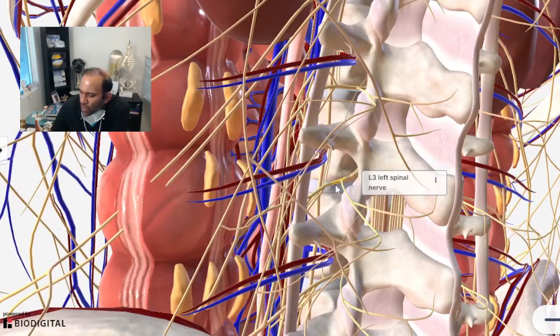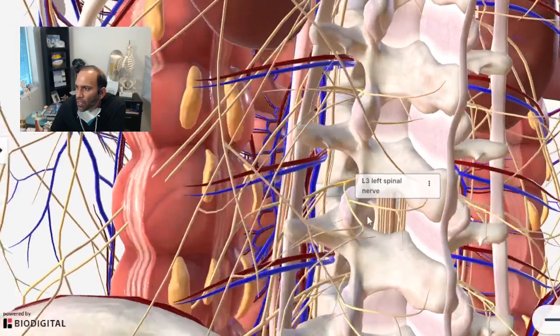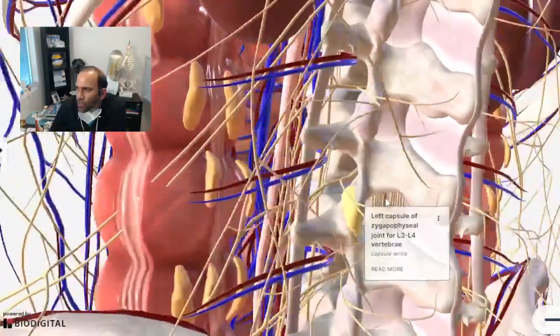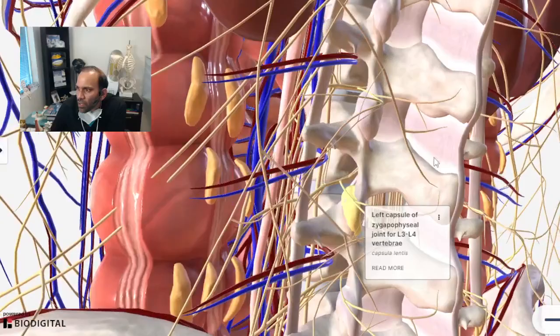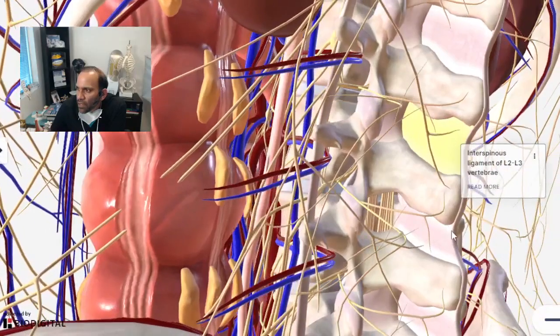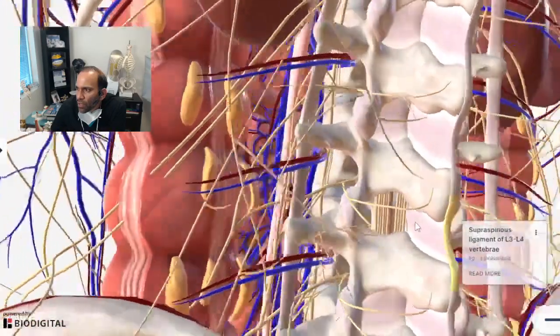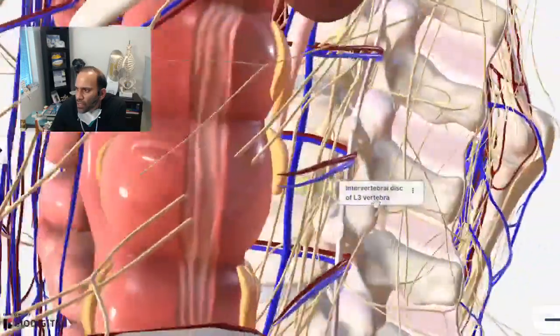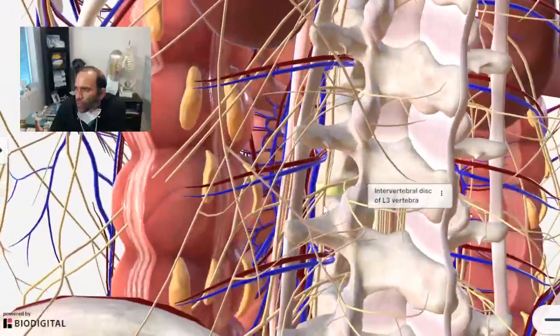Nerve irritation typically causes pain to go down the legs, but can certainly contribute to pain in the low back. The facet joints, or the capsules that surround them, can certainly cause pain. The ligaments, if irritated, can cause pain. And then deep inside here, you can picture the discs can cause pain as well if they are injured.